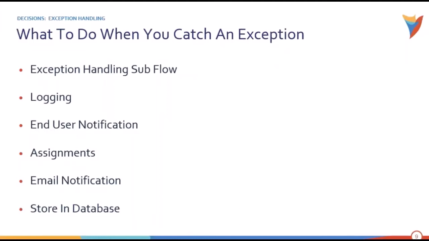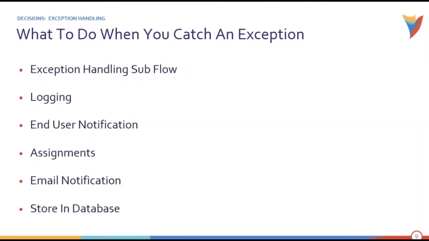So when we speak about exception handling subflows, two things to keep in mind are: always log first, and second, even our exception handling subflows need to have error handling inside them. It might be just a log, but we should ensure that it has an error handling capability inside it.